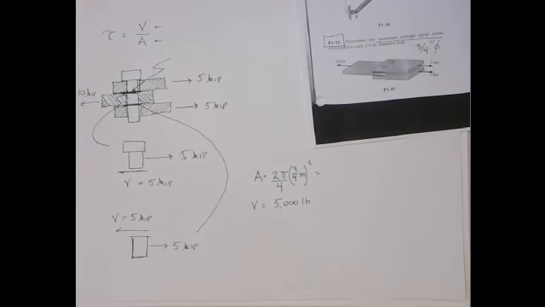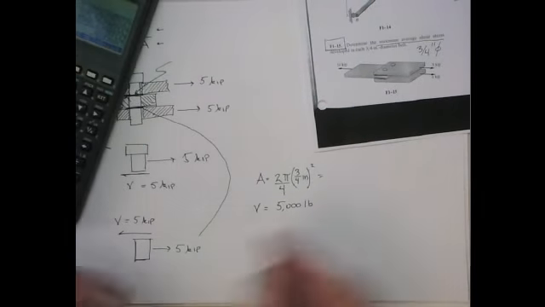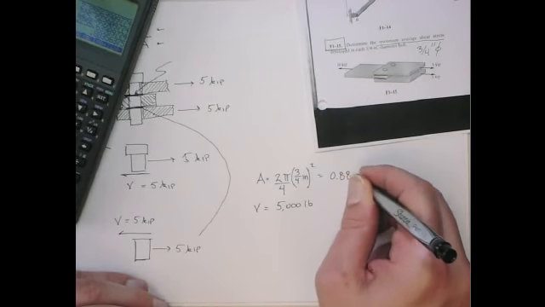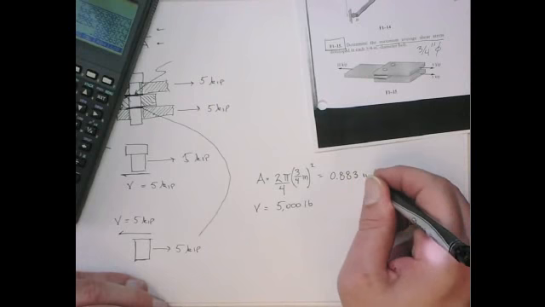All right, so let's compute this. I can never find my calculator. Let's compute the area. So the area is 2 times pi times 3/4 squared, divided by 4. Okay, I'm getting the area to be 0.8835 inches squared.